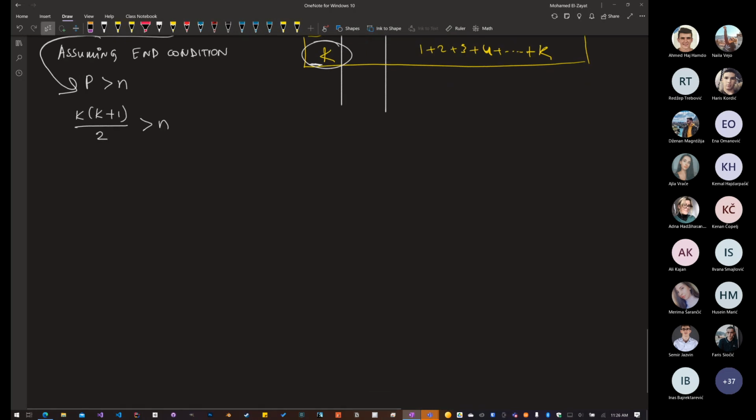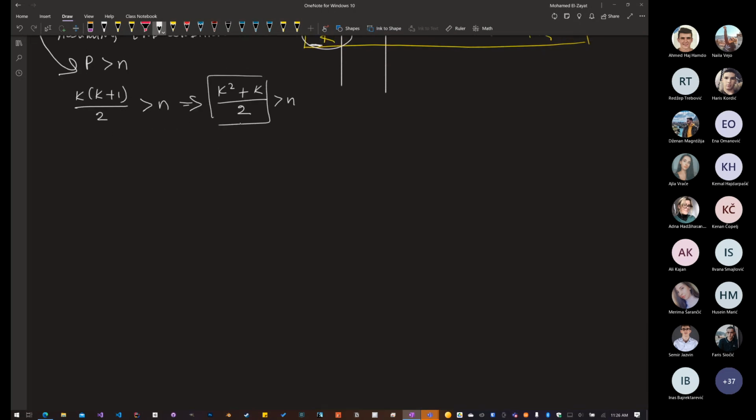Which at the end of the day is going to look like k squared plus k divided by 2 larger than n. If we are trying to grab the order of this function, this can be approximated to k squared larger than n, right?